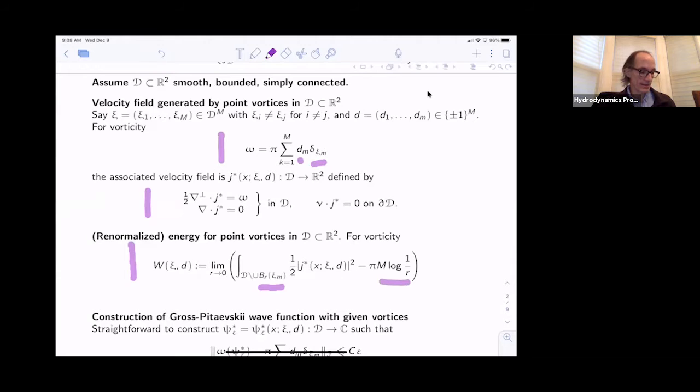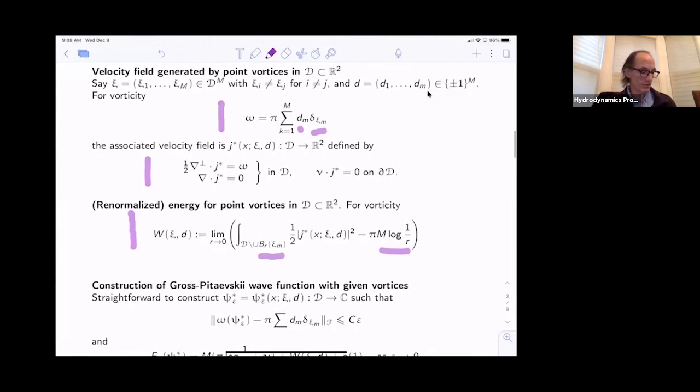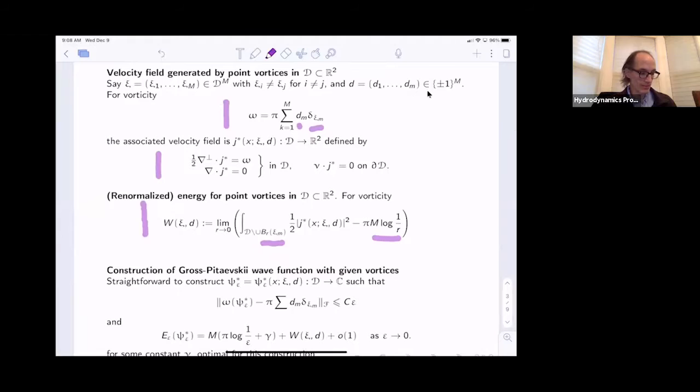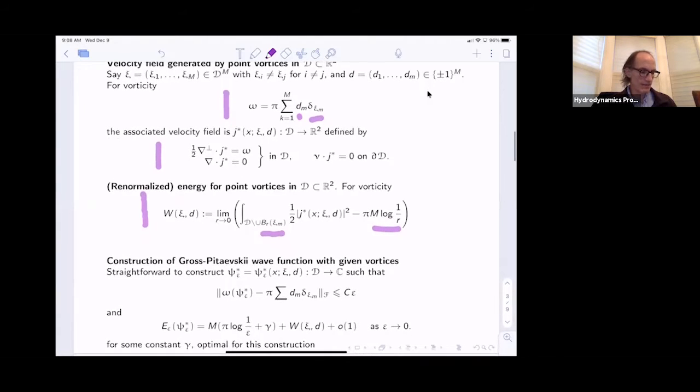Then it turns out we can construct Gross-Pitaevskii wave functions with the given vortices. Before, I was just talking about divergence-free vector fields; here I'm talking about Gross-Pitaevskii wave functions.